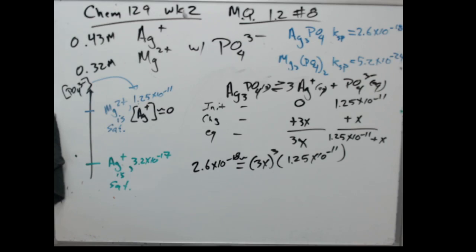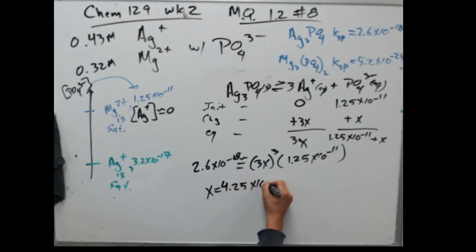Take the cube root. Oh, we're in trouble. X is equal to 4.25 times 10 to the minus 4.